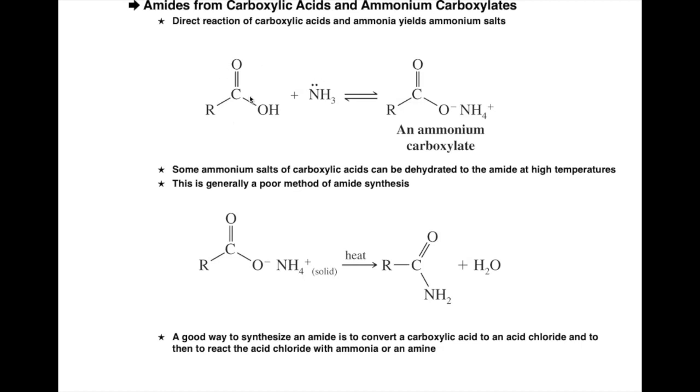So we can have a direct acid-base reaction between ammonia and carboxylic acid. Acid-base lang yan, forming an ammonium carboxylate. Now, some of these ammonium carboxylate salts can be dehydrated, meaning by applying heat. Then it rearranges to form your amide compound.